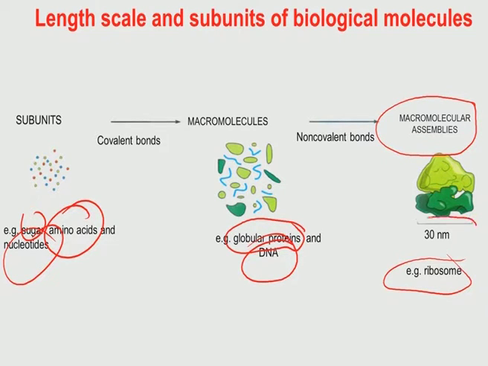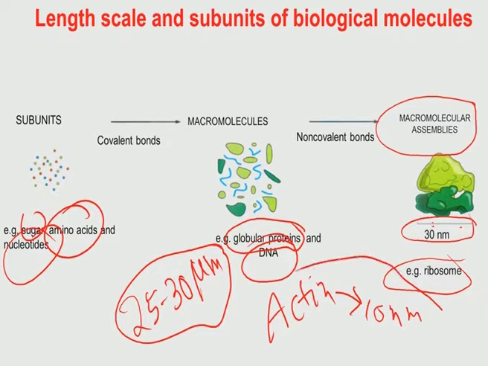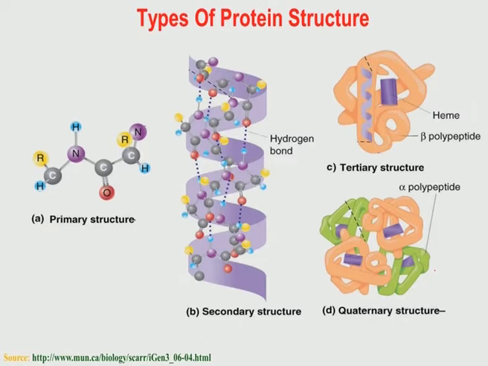If you look at the length scale, a typical ribosome structure is 30 nanometer, and remember your cell size is around 25 to 30 micrometer. So, individual organelles are 30 nanometer, and the actin filament structure has a size around 10 nanometer. So, all the cytoskeletal elements and different cellular organelles are mostly of the order of nanometer in length scale.